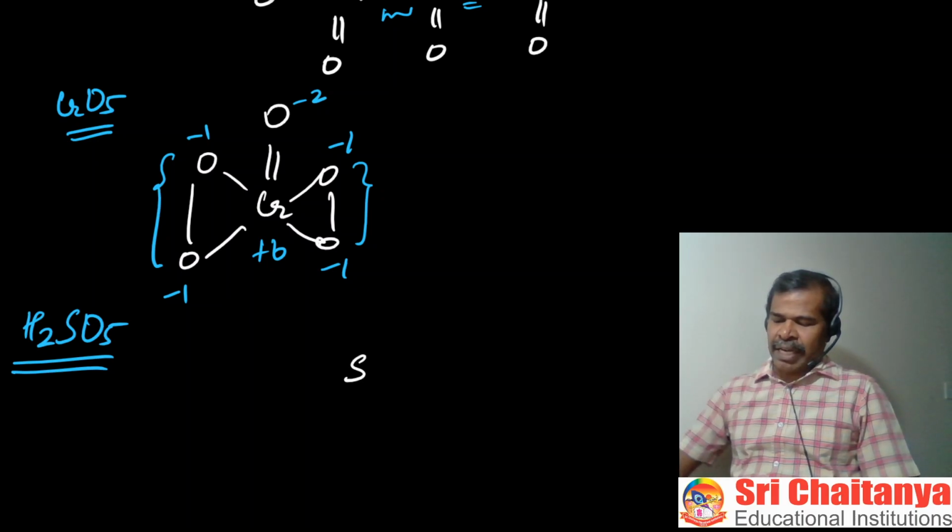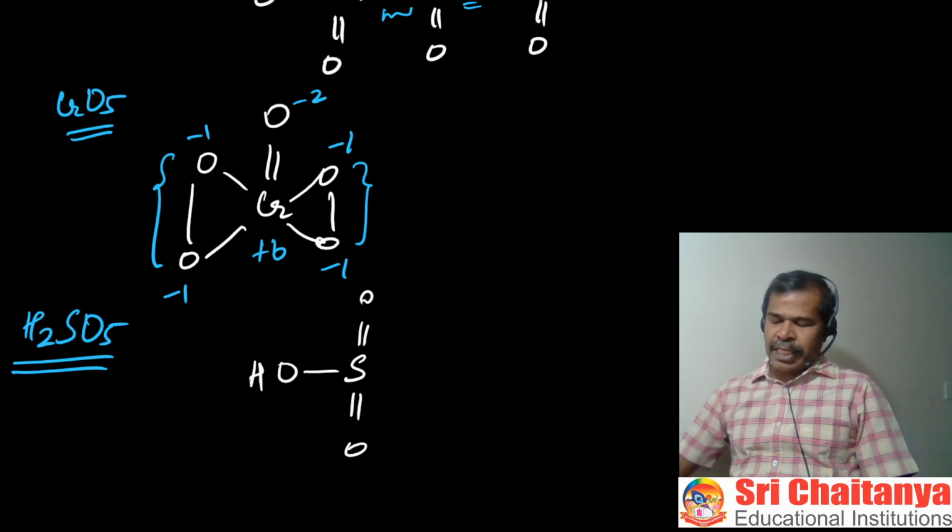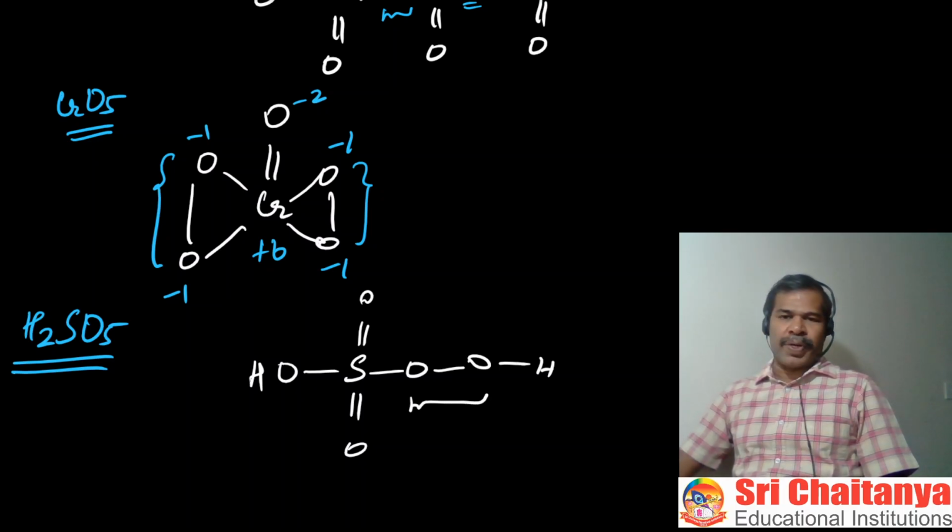So sulfur, it is like sulfuric acid. You can start like sulfuric acid, double bond O and an OH. Instead of one OH, there will be an OOH group. As the name suggests, peroxo monosulfuric acid, it has got a peroxo bond.